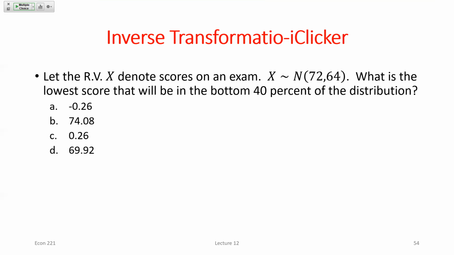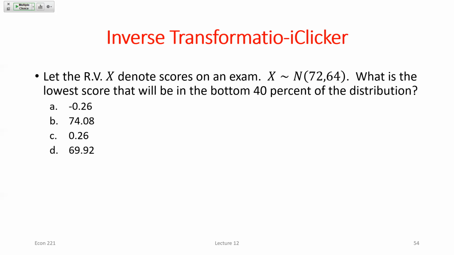I mean, technically, all 3 of these are to the left of the mean, but these don't make any sense in terms of being a test score. That's the 40% cutoff. So just by thinking about wanting an area of 0.4 to the left, or that cumulative probability to be 0.4, I have to be thinking about a value that's below the mean.